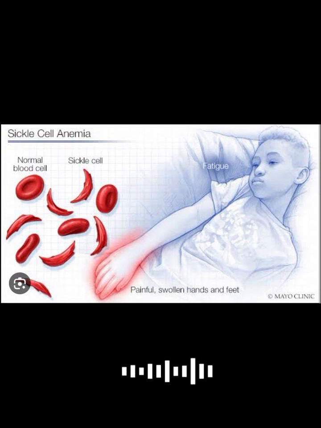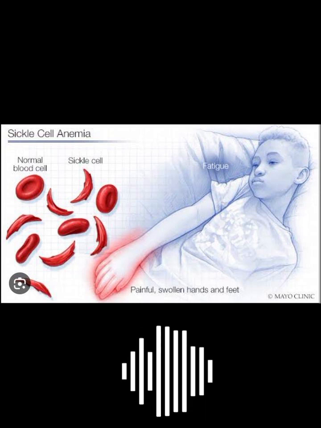Infections. Serious bacterial infections are a major cause of morbidity and mortality in patients with sickle cell anemia. And then we have anemia. Fatigue, paleness, and shortness of breath are all symptoms of anemia.